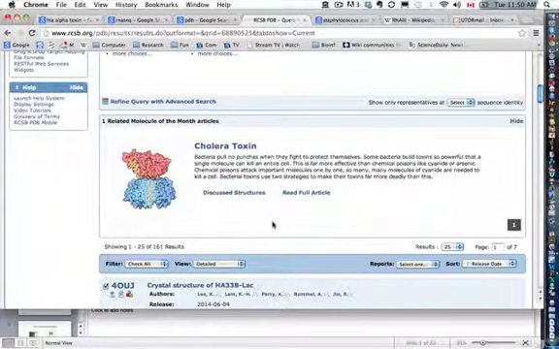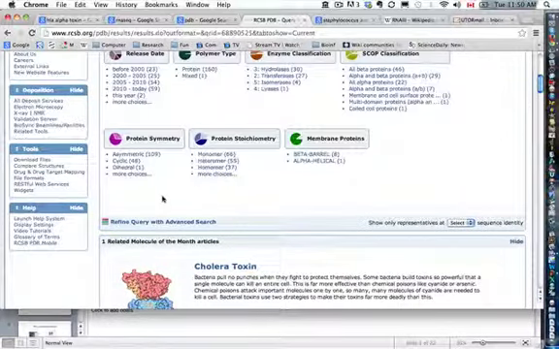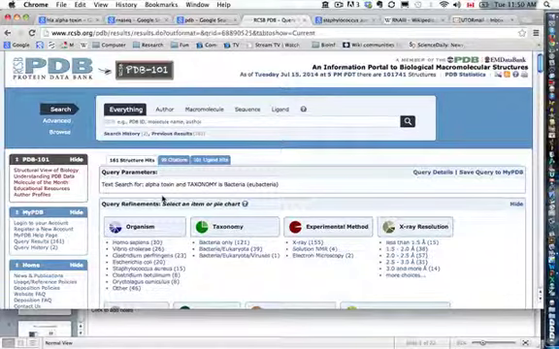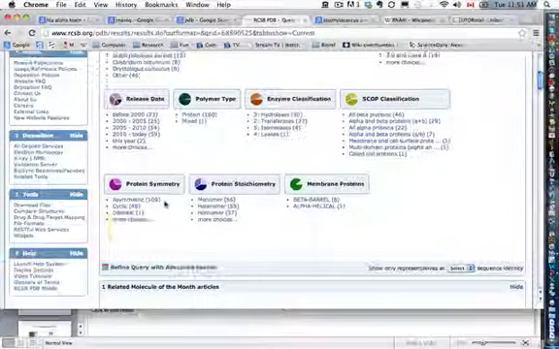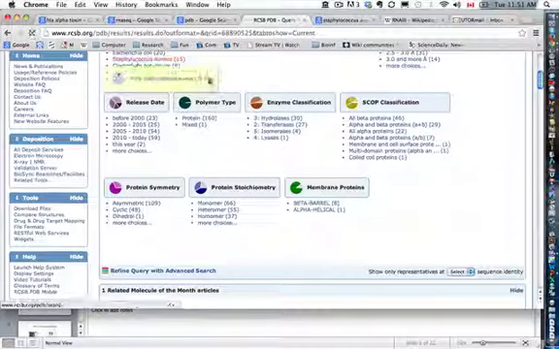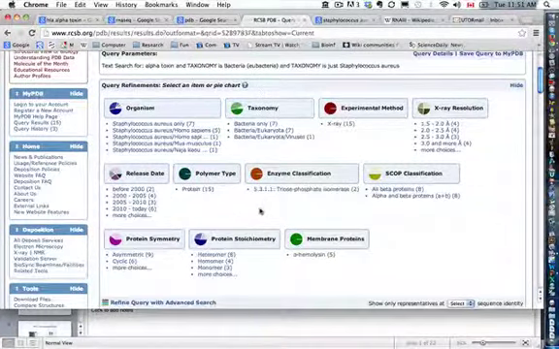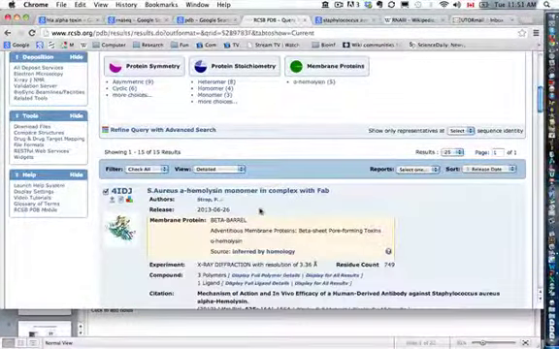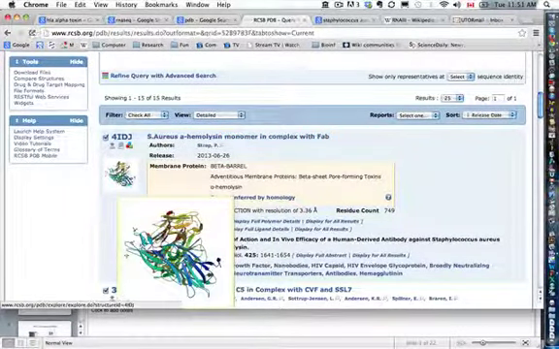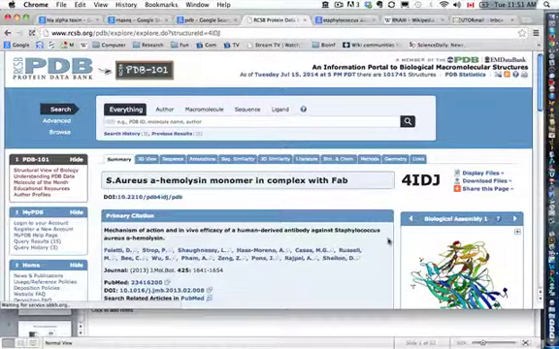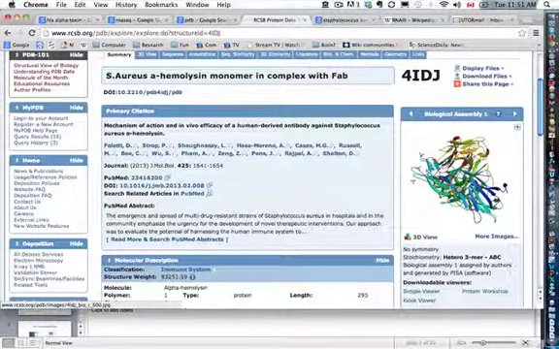So in cholera, it forms a pore. There's a pore there. This is Staph aureus. Let's see if we can find Staph aureus alpha toxin. Alpha hemolysin monomer. So this will be the protein. Can you check Shiga toxin? Yeah, you can look at Shiga toxin.